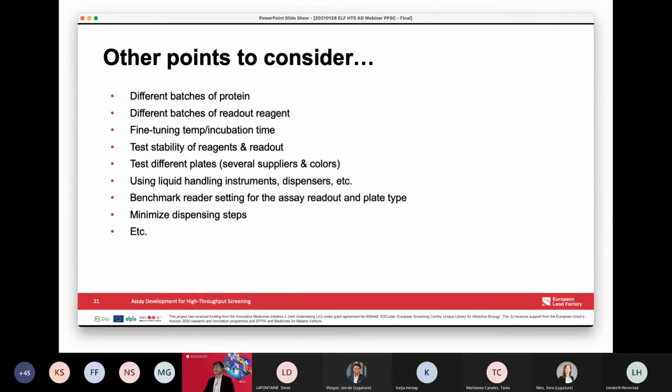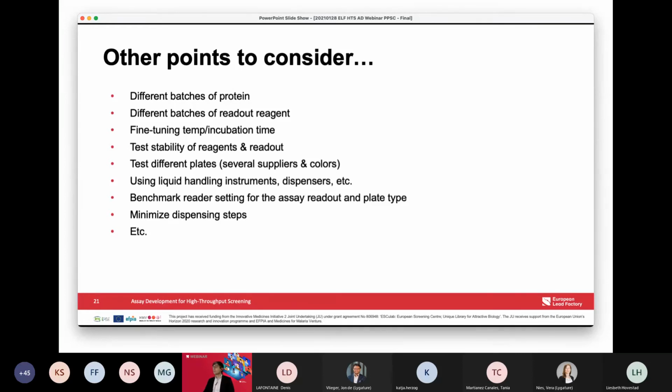Maybe even different colors. So depending on what is the readout, different colors may give you a better dynamic range and less variability.